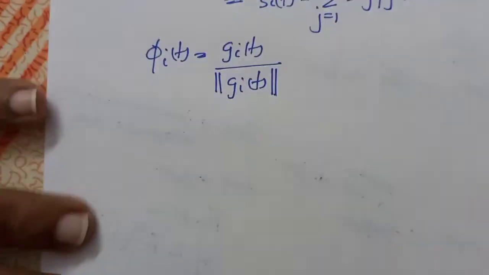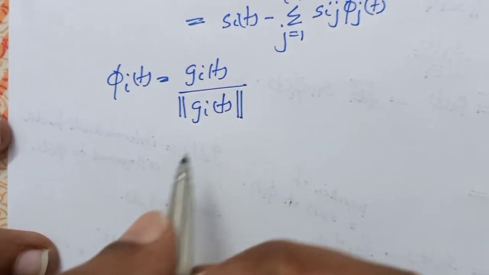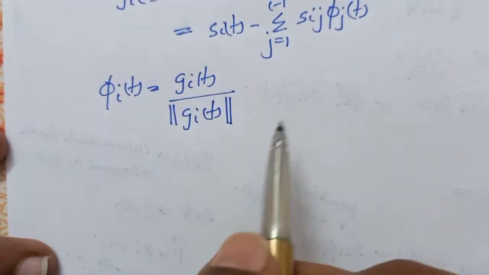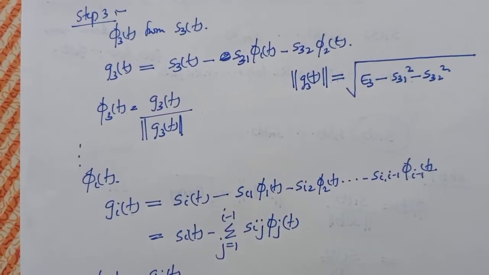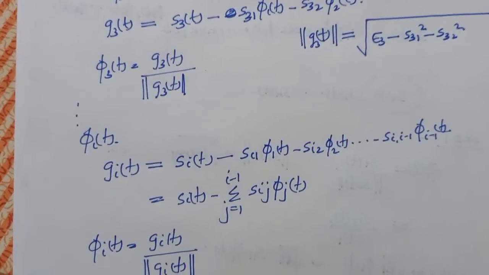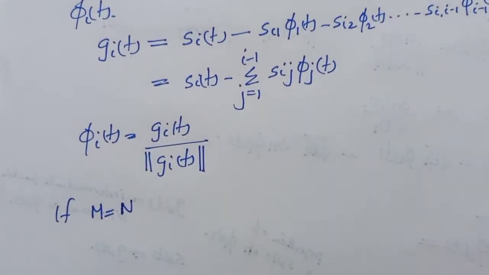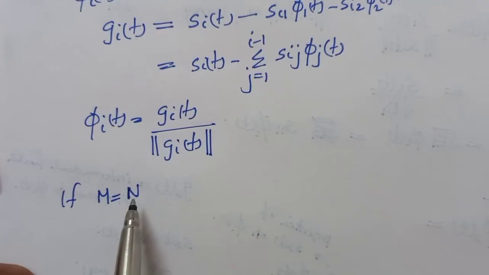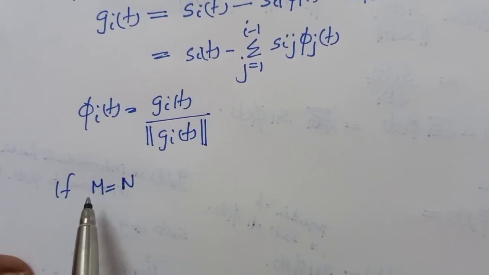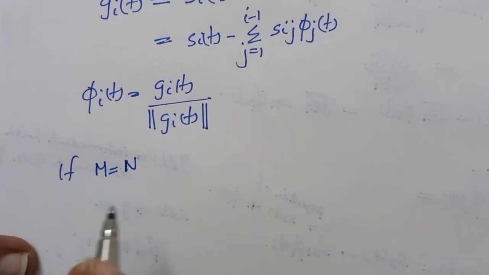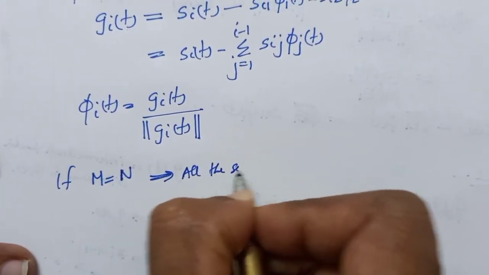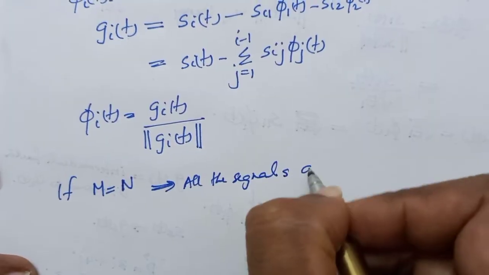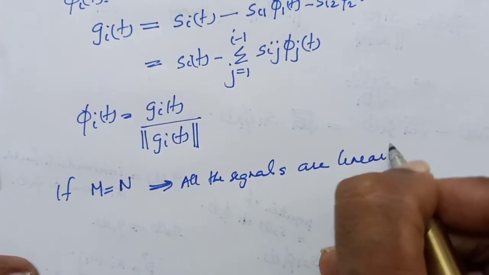In this way we can find the orthonormal basis functions corresponding to all the M signals. If M equal to N, that is, the number of orthonormal basis functions is equal to the number of signals, then we can say that all the signals are linearly independent.